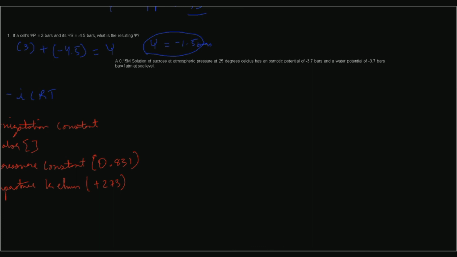So I guess this is trying to ask us which way this would transport. So let's look at what we have. We have sucrose, so those aren't going to break down, so we know we have to put 1. This is at 25 degrees Celsius, so we can put that there. And a water potential of -3.7 atmospheres.